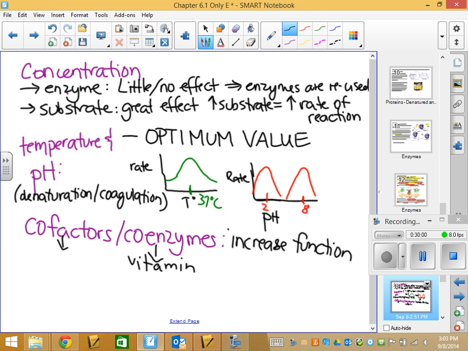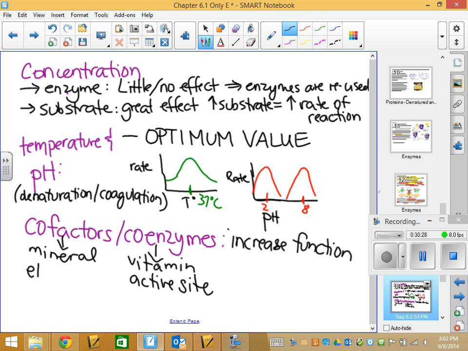A cofactor, a lot of the time, would be a mineral. A vitamin is usually an organic substance. It's a big molecule made with carbon. A mineral would be a smaller substance like sodium or potassium or copper. Coenzymes attach on the active site.